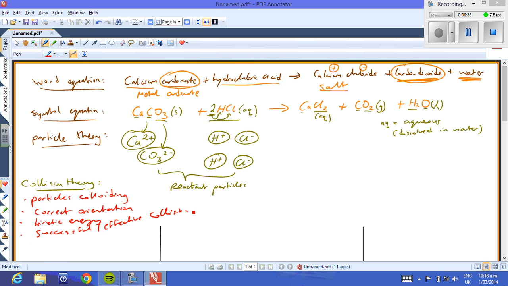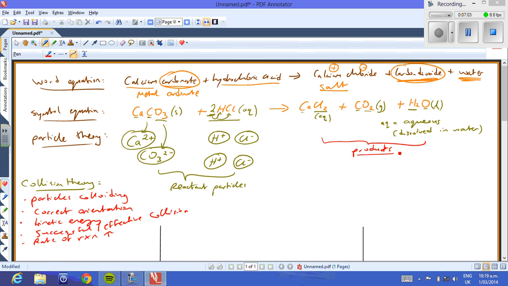And then if you do increase the amount of effective collisions or successful collisions, then the rate of reaction should increase. And some of you guys were asking me why this was important to chemists. Well, if you're working in industrial chemistry or any line of chemistry and you want the rate of production of products to increase, then you have to look at the various things that you can change to make that happen.